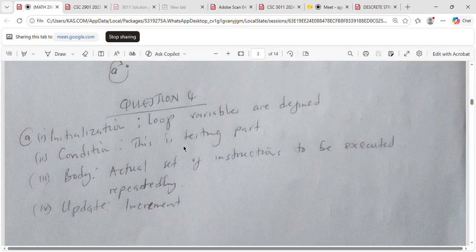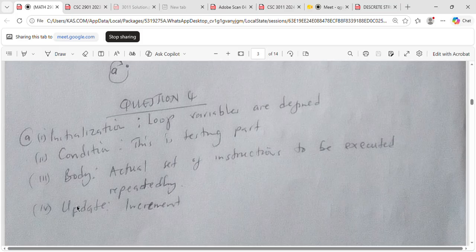So, describing a loop construct. A loop contains four stages. Number one, you need to initialize the variables there. Then there must be a condition for the testing part. The body, which is the actual set of instructions to be executed, and it has to be repeated based on the condition.